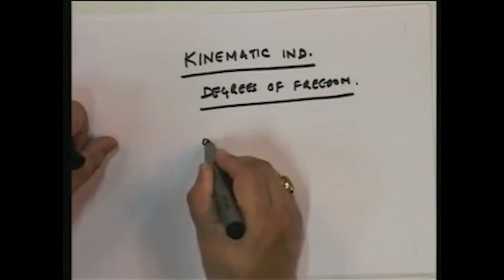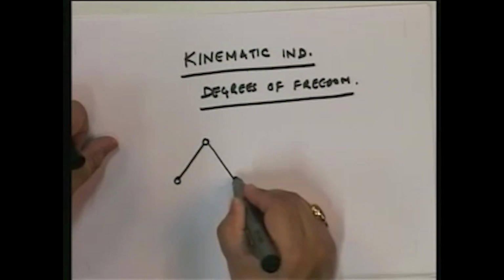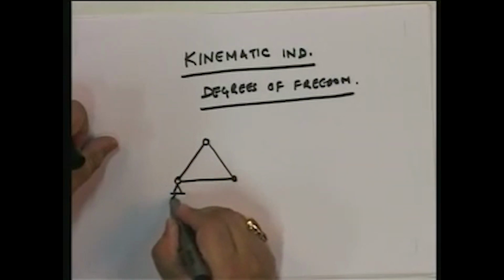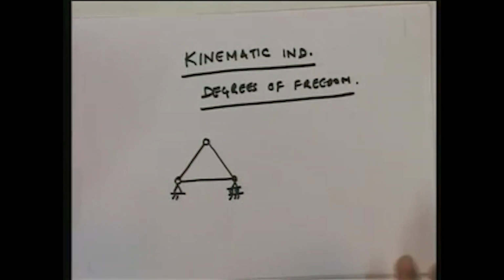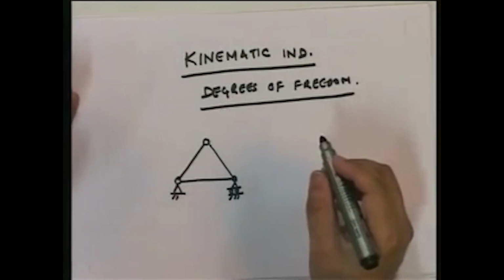Let us look at a truss. And again, I go back to the simple truss that I had last time. Now, we want to find out what the kinematic indeterminacy of this truss structure is.